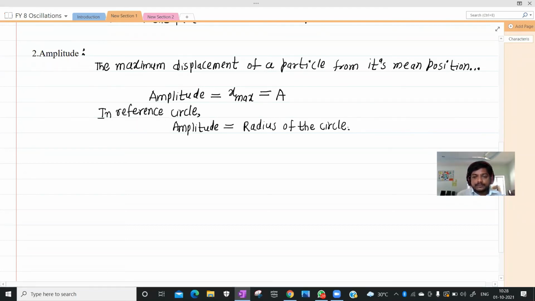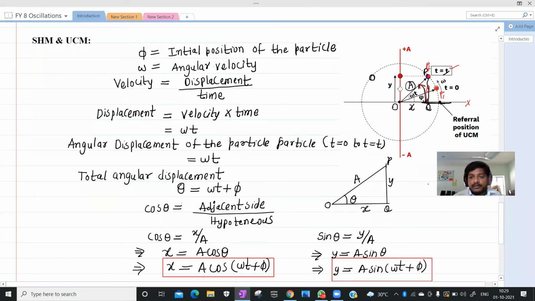Not the starting position. The mean position is the center of the circle. Very good.